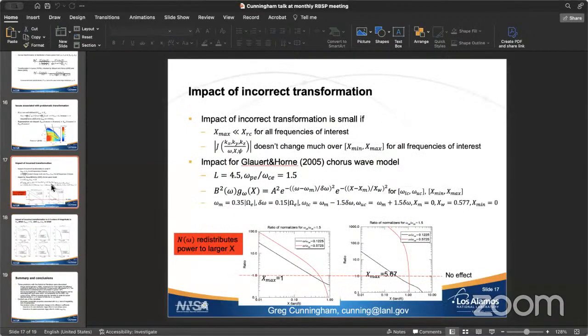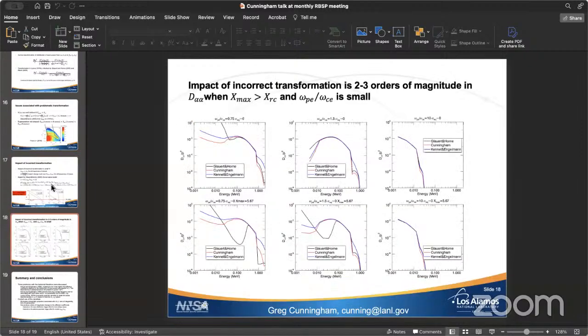So maybe the next slide. Yeah, the differences are more marked between Cunningham and Glauert and Horne, and less marked to Kennel and Engelmann. Is the difference with Kennel and Engelmann just due to relativistic effects, or can you comment on that, please?